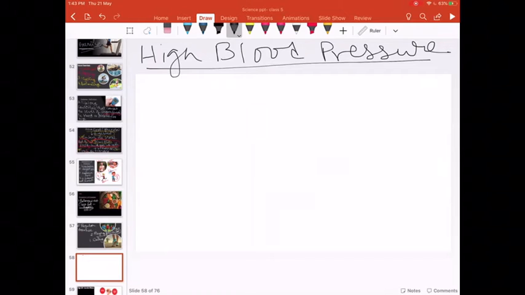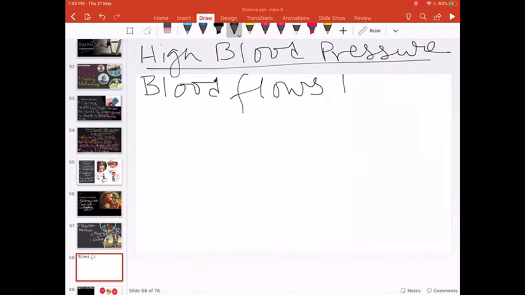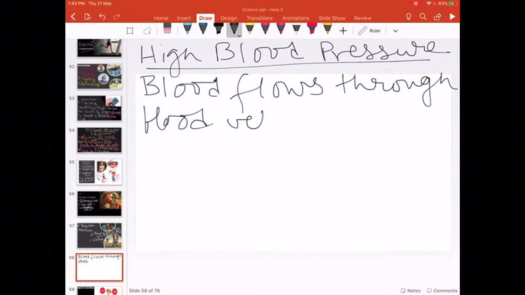Now students, you will see in the lesson circulation that blood flows through blood vessels. We have got blood vessels inside our body. Through it, the blood flows.